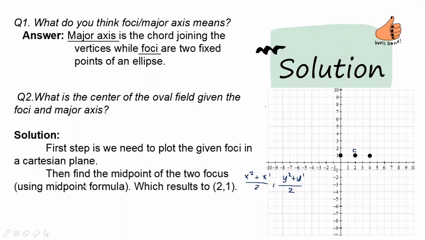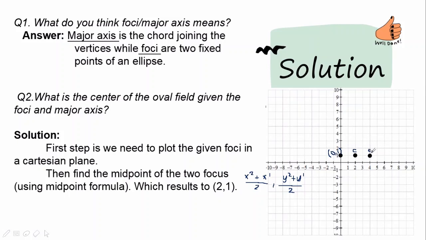Using the midpoint formula, focus 1 is (0, 1) and focus 2 is (4, 1).